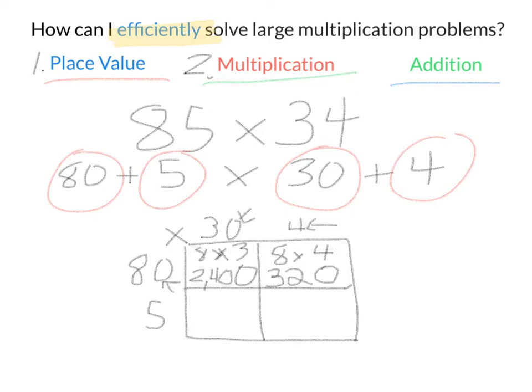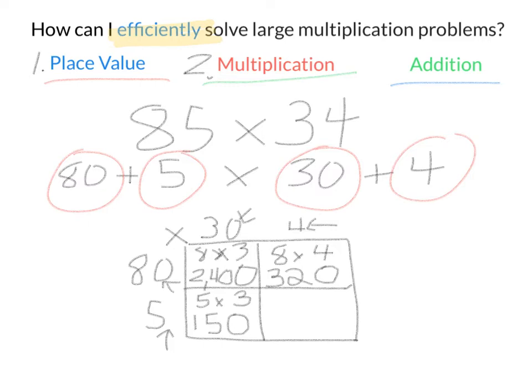Now I'm going to take 5 times 30. I'm not going to count by 5 thirty times, but I am going to take 5 times 3, which hopefully you know is 15. And then I'm going to add as many zeros as I have in the problem. No zeros next to 5 and 1 zero next to 30. 5 times 30 equals 150.